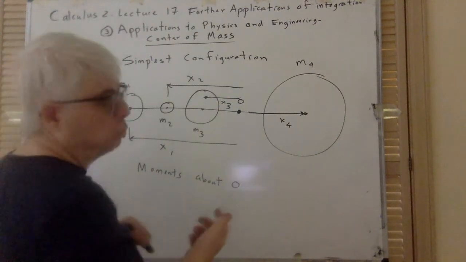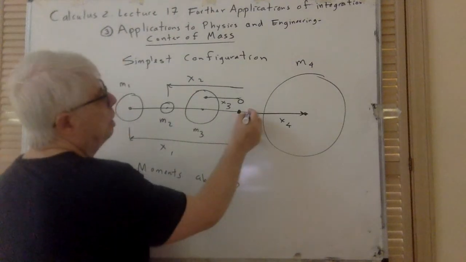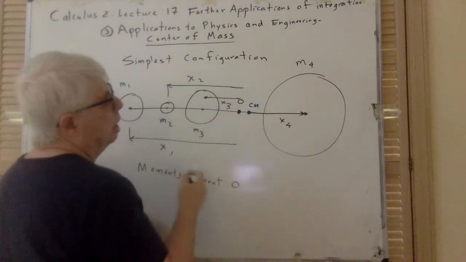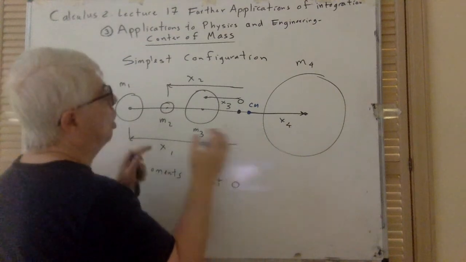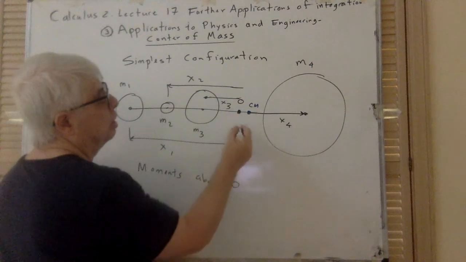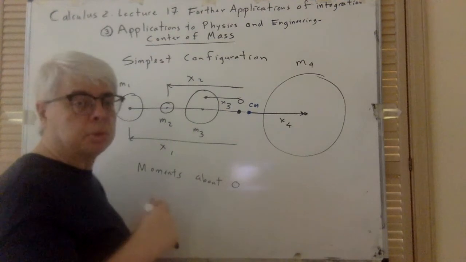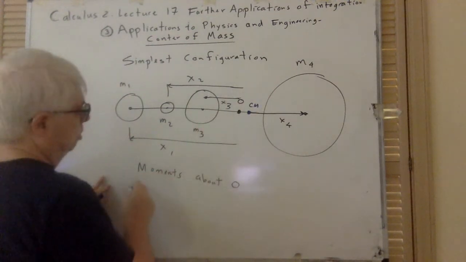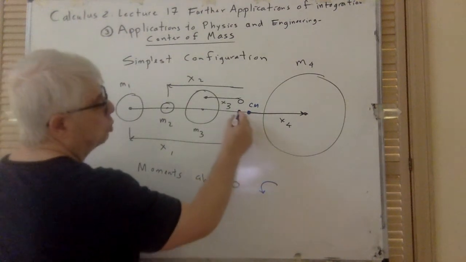Now, center of mass will be a point, say here, Cm, the center of mass, so that if I put all these masses together, the sum of all masses here, it produces the same moment but in the opposite direction. So if moments of these masses about O is like this, then this should be on this side.